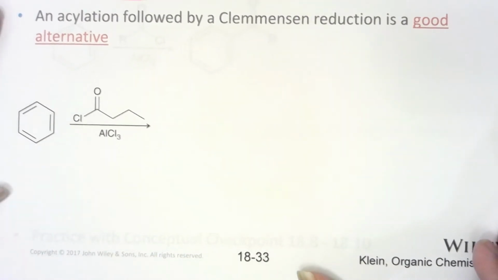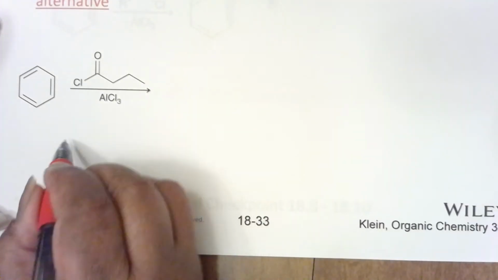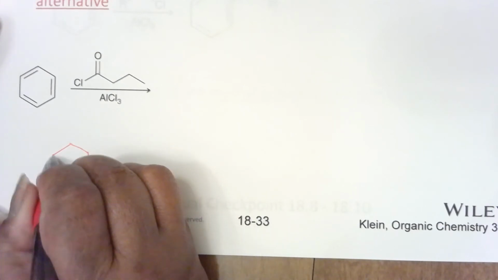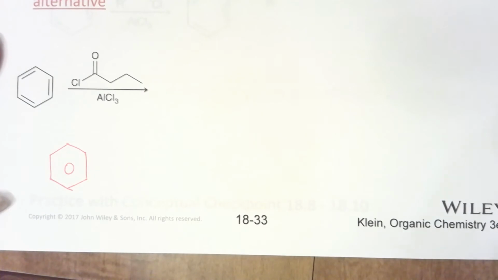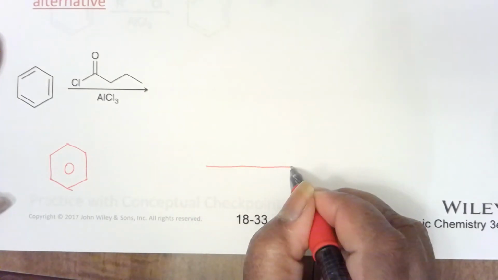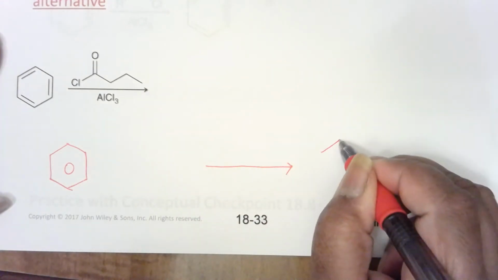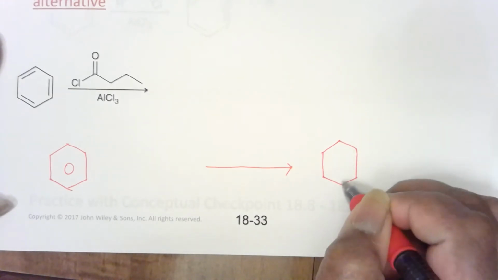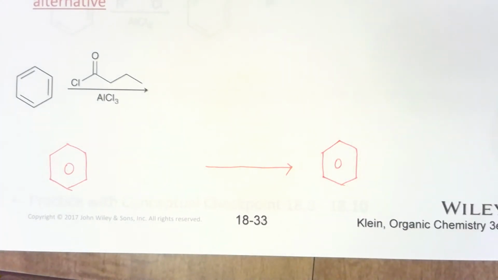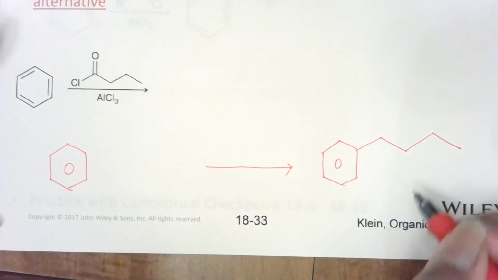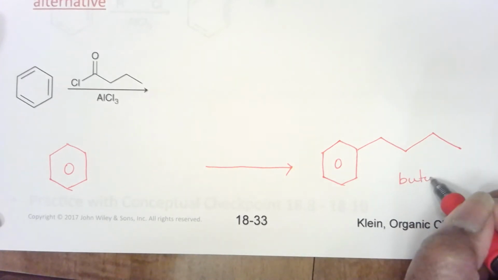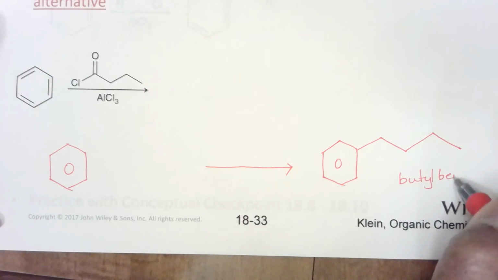Now, if I used the benzene ring, I'm going to put a circle in the center, and if I wanted to make an alkylation product, okay, this is butyl benzene, and we've tried this before.